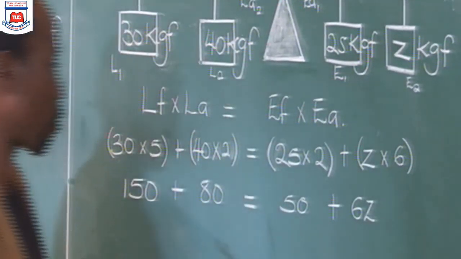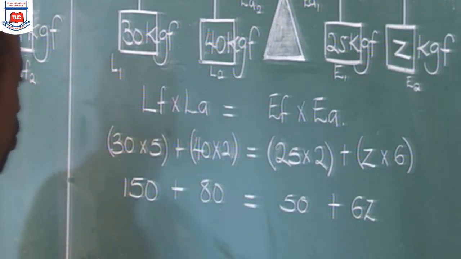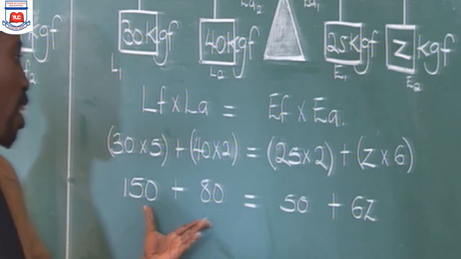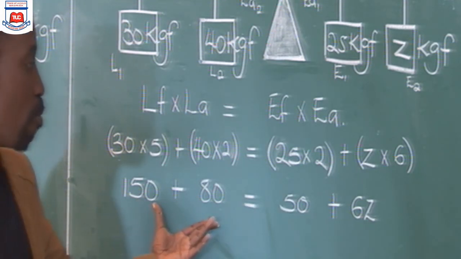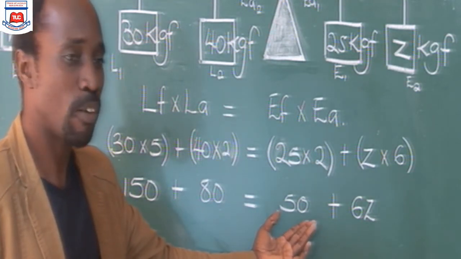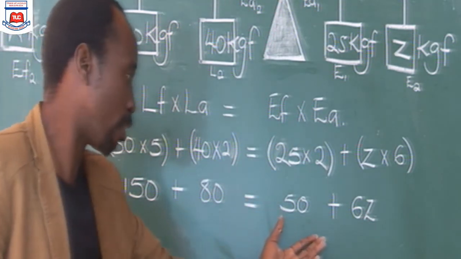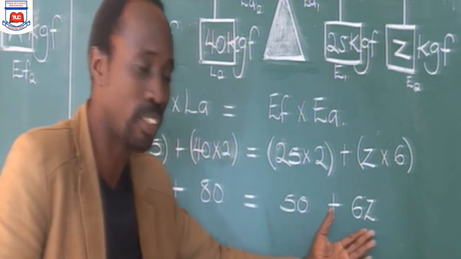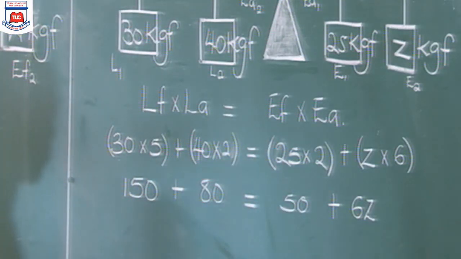Very good. Our next step is to collect like terms. But before that, we can add these two. If you can't, please subtract 50 from both sides. Okay? You can subtract 50 from both sides in order to remain with 6z along this side and all of these on one side as well.